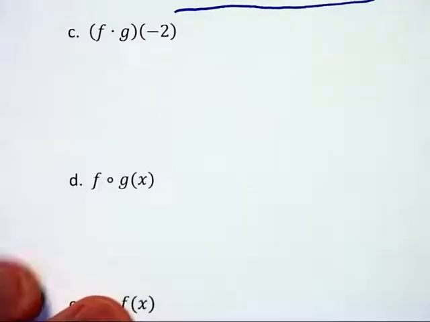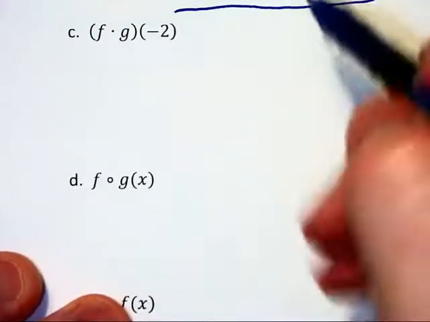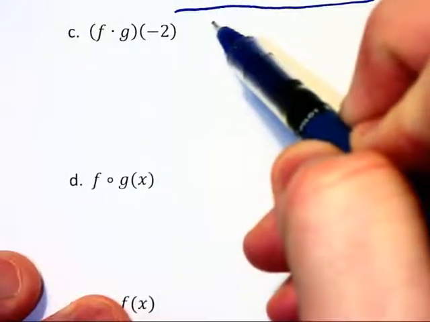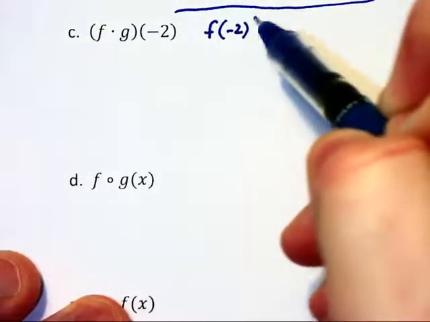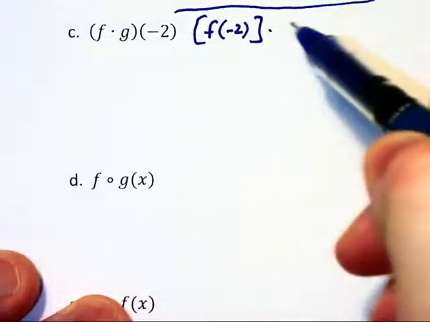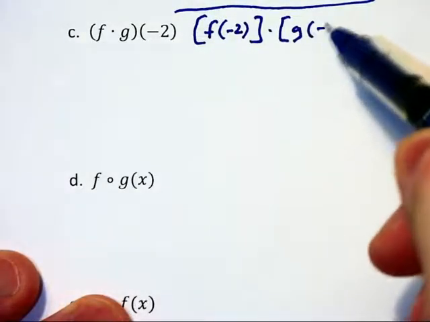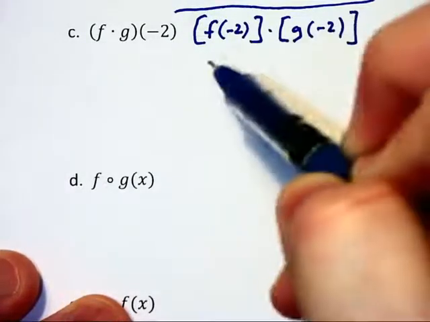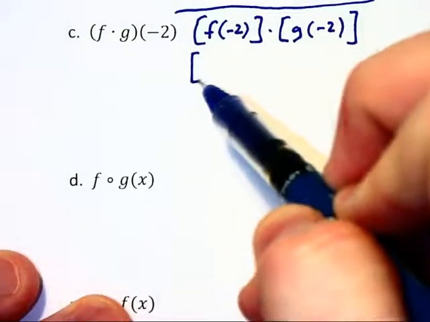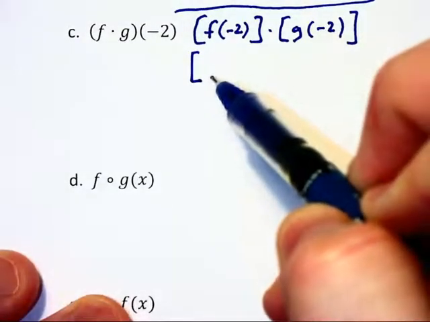If you are asked to find f times g of negative 2, you can basically find f of negative 2 and multiply that by g of negative 2. And that means substitute in negative 2 for x in each of these portions.